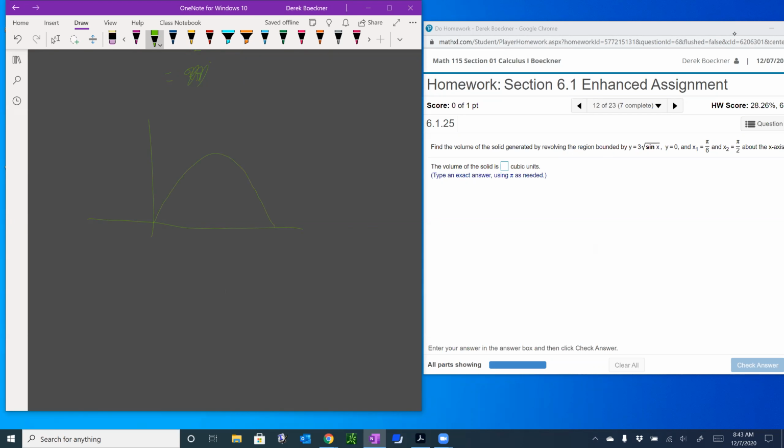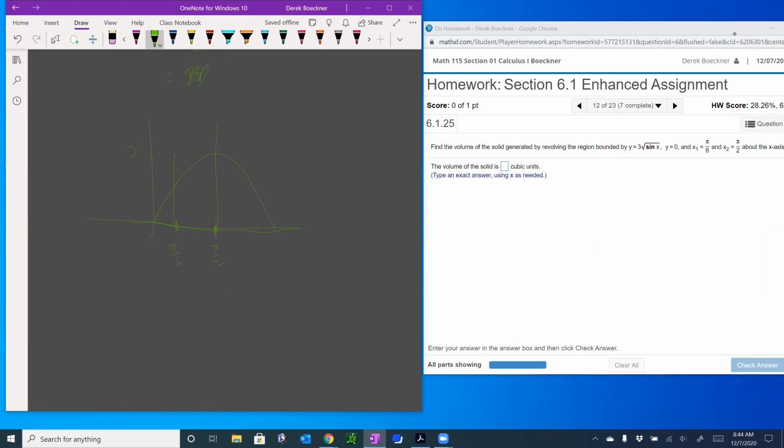It's going to look like the sine, but it's going to be squished. It's still going to get up to 3 because the square root of 1 is still 1. It's going to be kind of a weird shaped sine. y equals 0, that's the x-axis. x1 equals pi over 6. x2 is pi over 2. Pi over 2 is going to be right at the top. Pi over 6 is going to be in here.